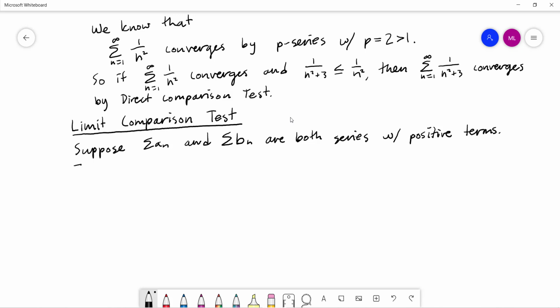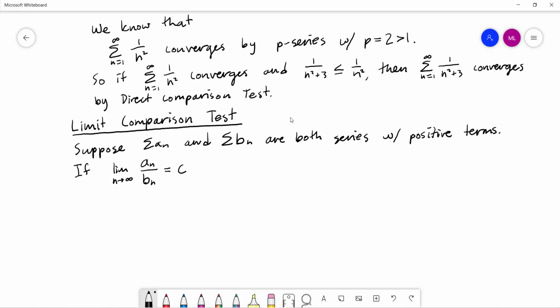If we look at the following, the limit as n goes to infinity of a sub n over b sub n, and we get a constant.